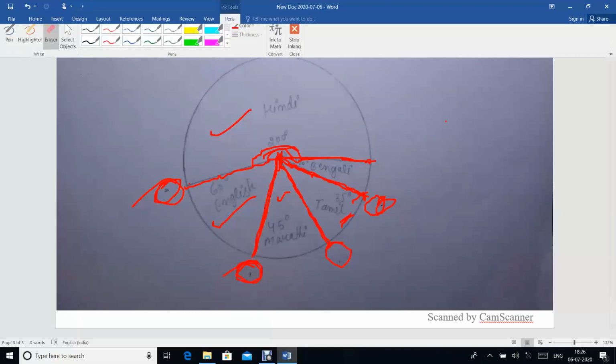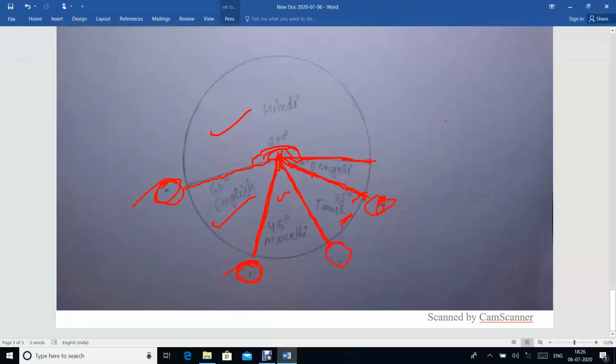And when you want to answer questions with the help of the pie chart, then you have to change the central angle into the form of a fraction, and for this you have to divide the value of the component by 360 degrees.